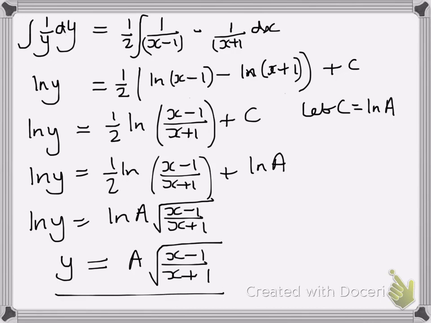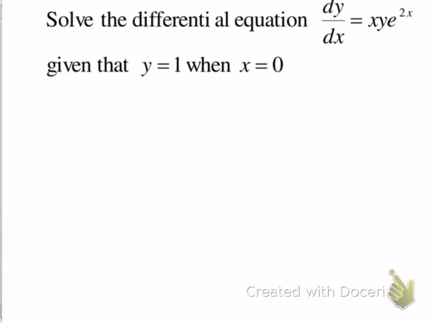And there we go. We're now going to move on and look at our next problem. We're going to look at solving the differential equation dy by dx equals x y e to the 2x, given that y equals 1 when x equals 0.